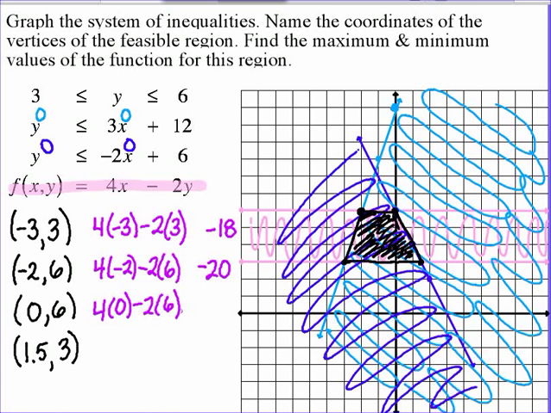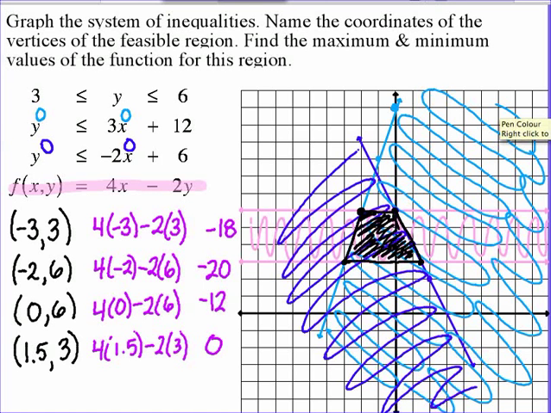Negative 12. Okay, negative 12. And then last but not least, I'm going to take 4 times 1.5 minus 2 times 3. And what is that? 6 minus 6 is 0.